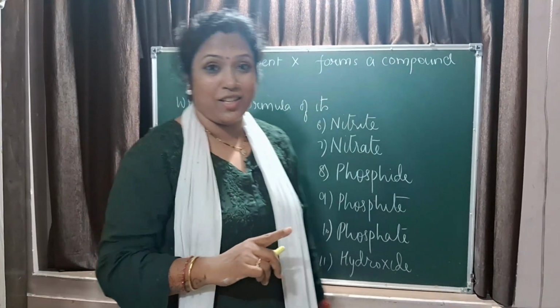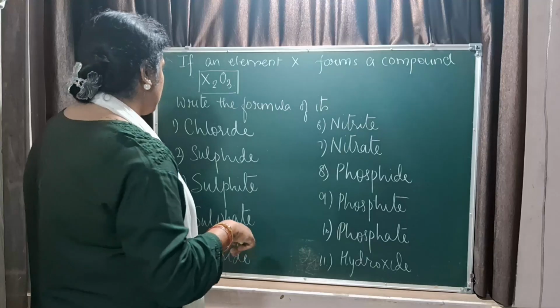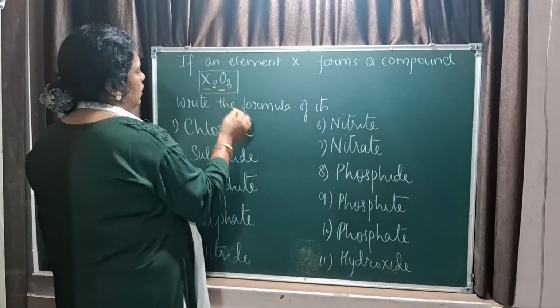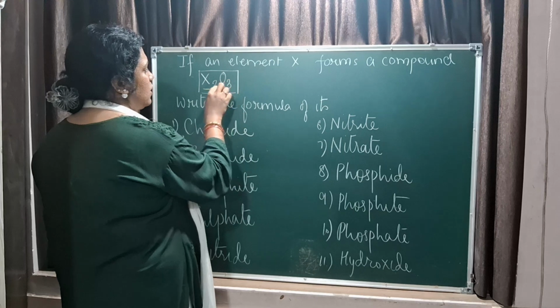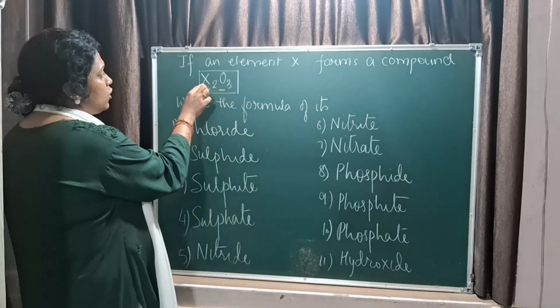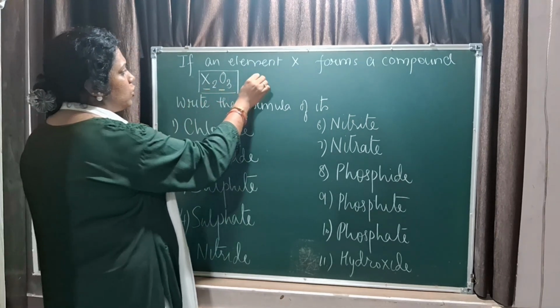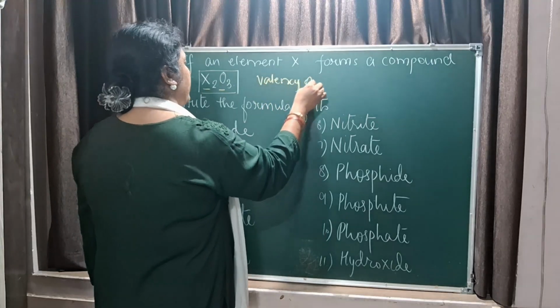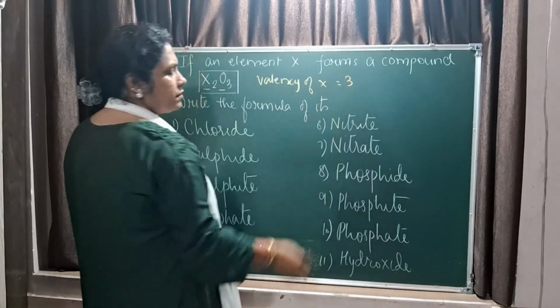I hope you have followed the instruction. Now let us check how many marks you have got. Now when my question is X2O3, you know that oxygen's valency is 2, so it's written with X. So the valency of X is written with O. So here in this case we could find out that valency of X is equal to 3.